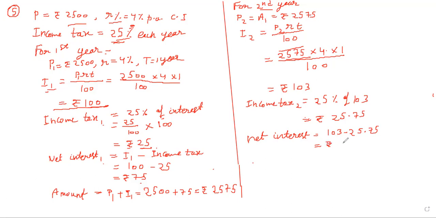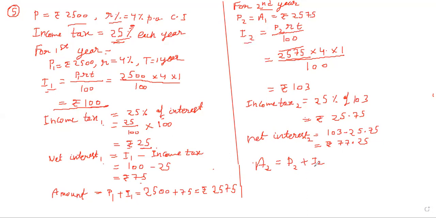So it is rupees 77.25. This is the interest for the second year. The amount will be the principal for the second year plus the net interest for the second year.